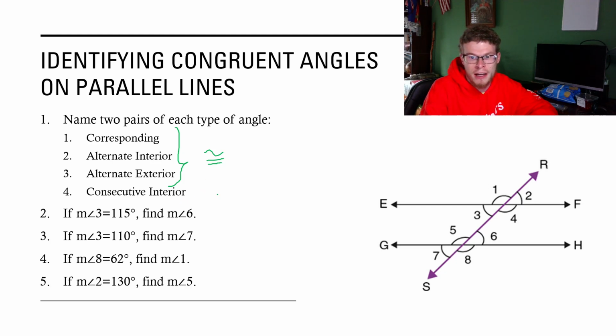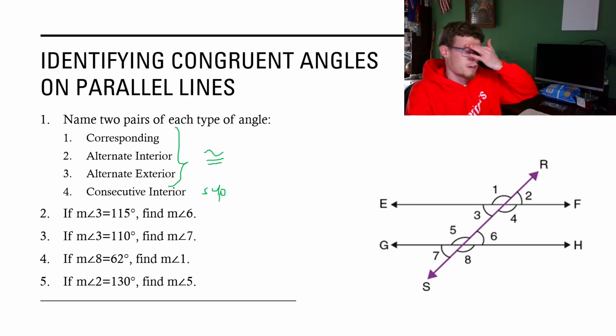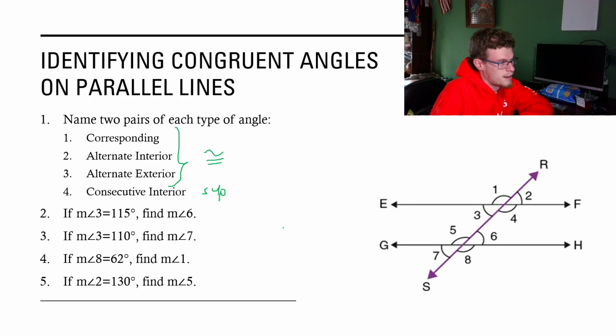Consecutive interior angles have the fact that the sum of them is equal to 180 degrees. So they are supplementary. I'm just going to put "sup" because that's too much to write on the screen. Supplementary means that the sum of their angles is going to be equal to 180 degrees.